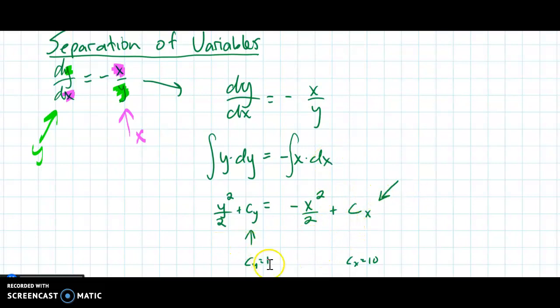Say c sub y was 3 and c sub x was 10. Couldn't I just move the 3 over to the right side and put a 7 here? I think you should see that for any combination of c values right here and right here, I could always condense them onto one side. So we don't write c sub y, and over here we just write c. The typical way to do these is to just write the c on the x side.